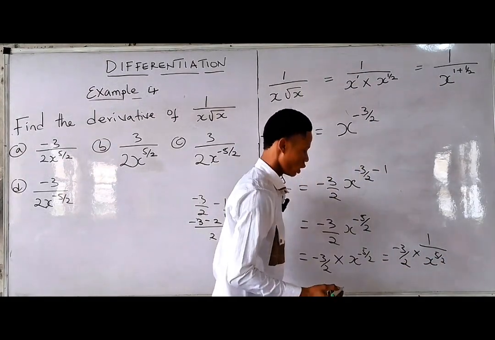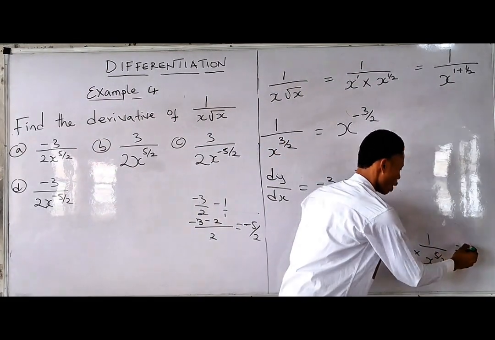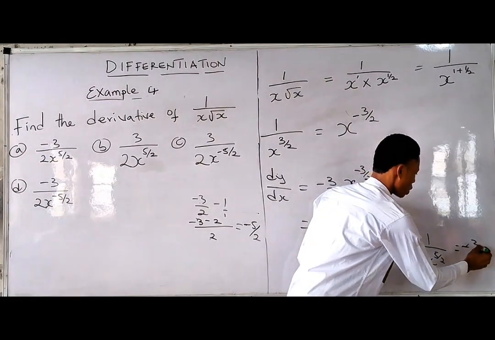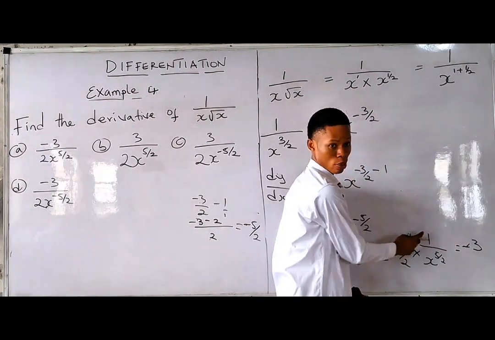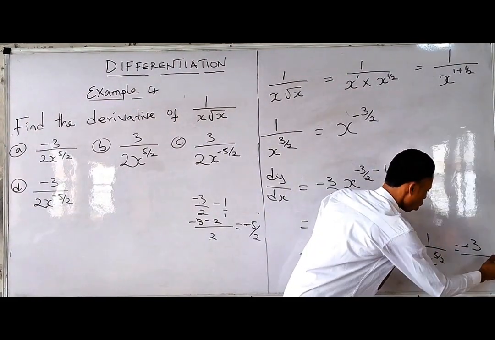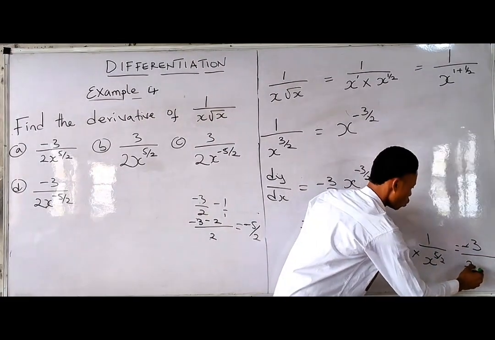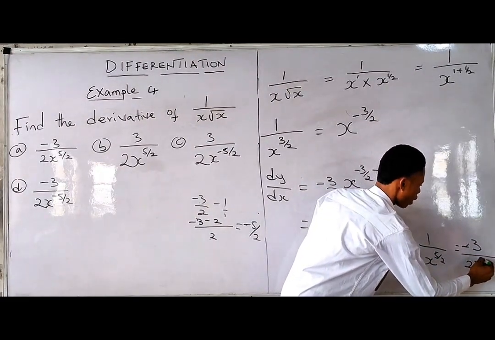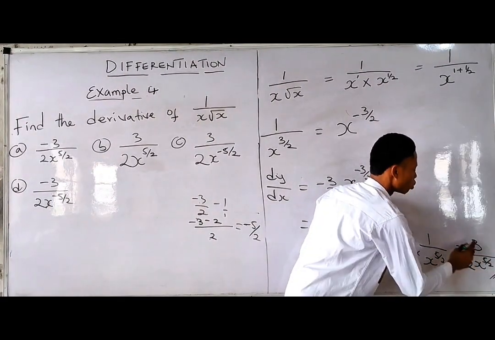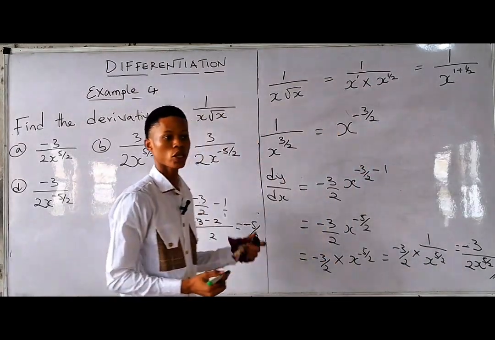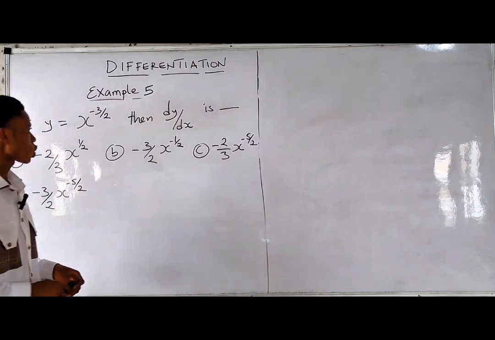Good. Now if I multiply this out, what do I have? Minus 3, because minus 3 times 1 is minus 3, all over 2x raised to power 5 over 2. Option A is the answer.